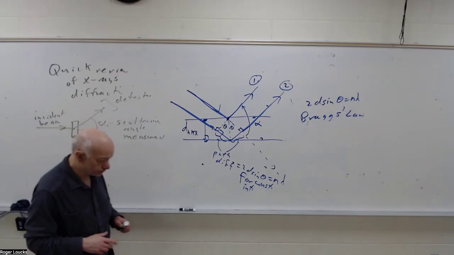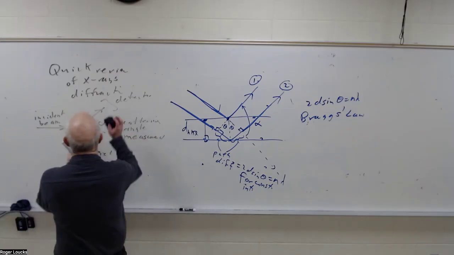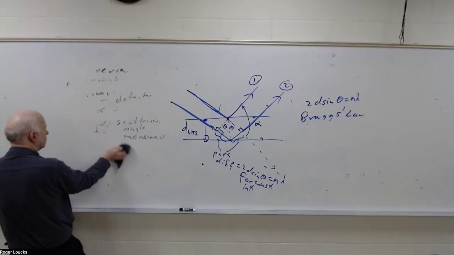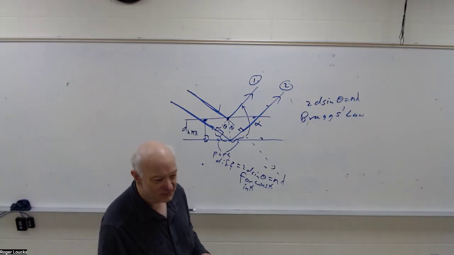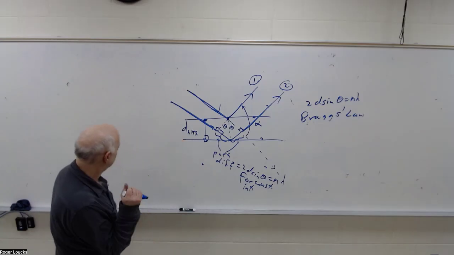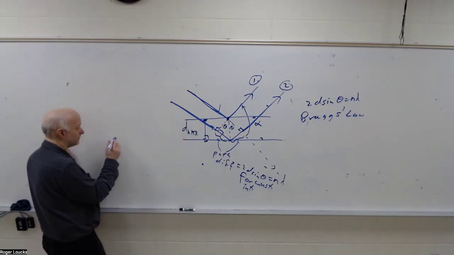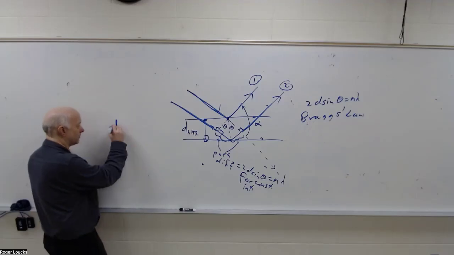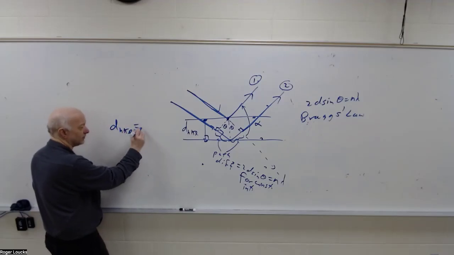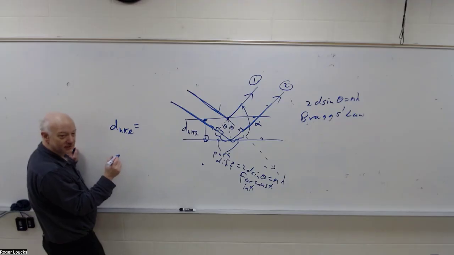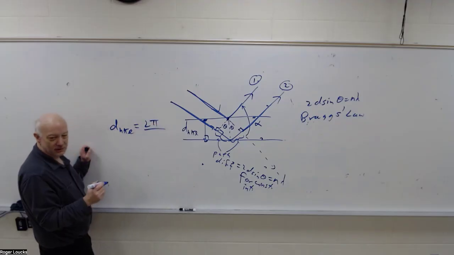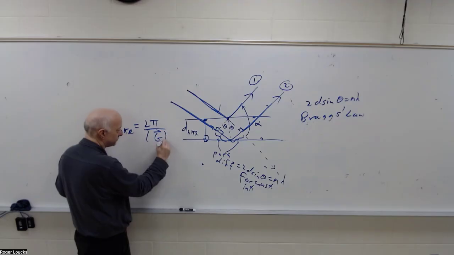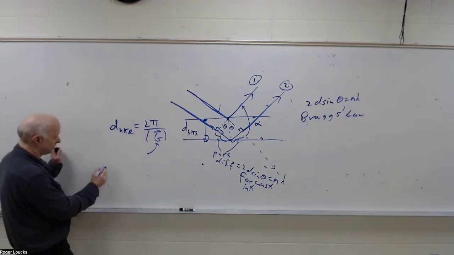Okay. So that said, and again, how can we relate D to the Miller indices? 1 over D squared is equal to... So what do we know? We know that this is H squared over A squared, but that's only for one crystal. So 2 pi over the magnitude of G. What is your G?